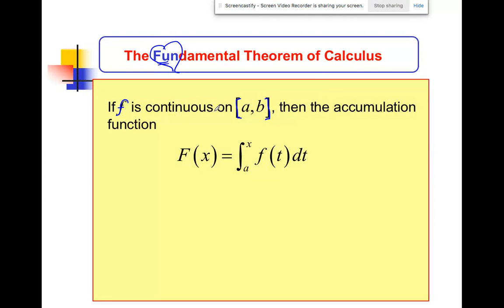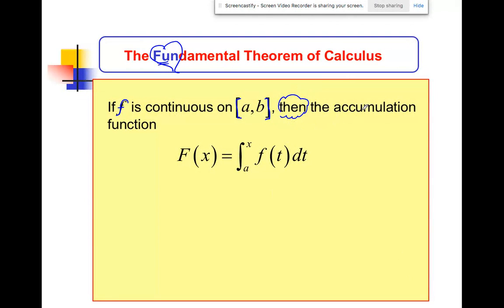Rational functions have just singular places that they may be discontinuous, and everywhere else they are continuous. Notice I don't need smooth. I just need continuous.